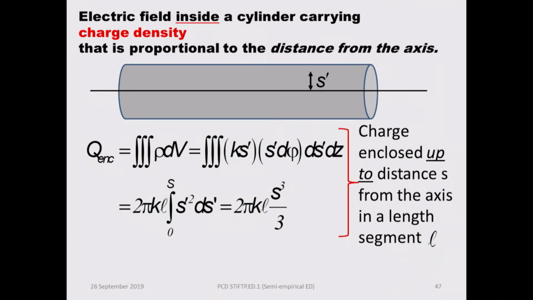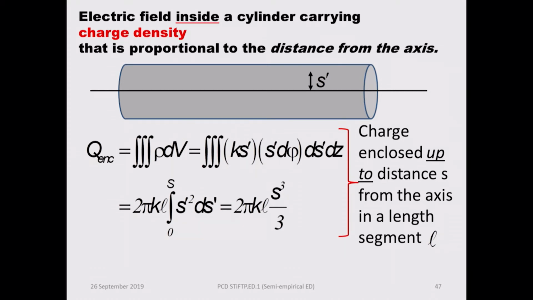So, if you carry out a surface integration over a Gaussian pillbox which only extends up to a certain intermediate point, it does not go outside the size of the cylindrical charge itself, but somewhere inside, then only as much charge is to be included.